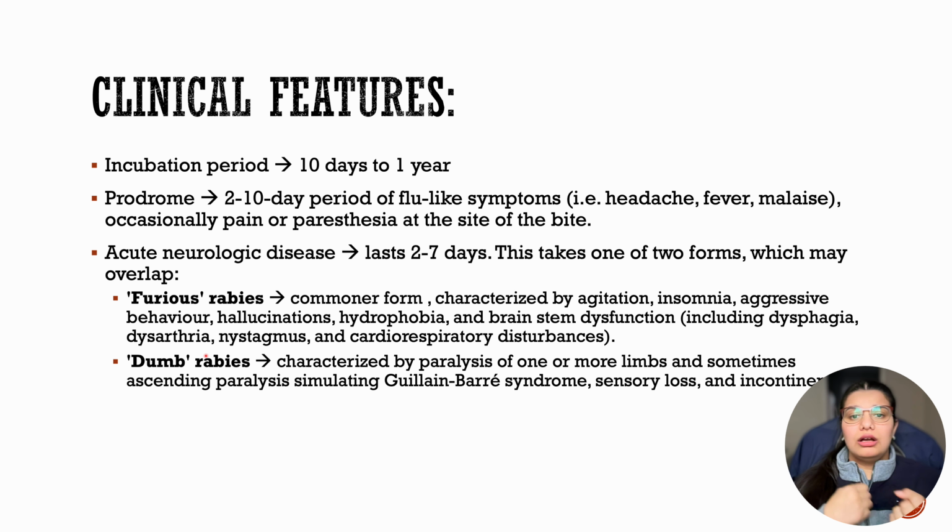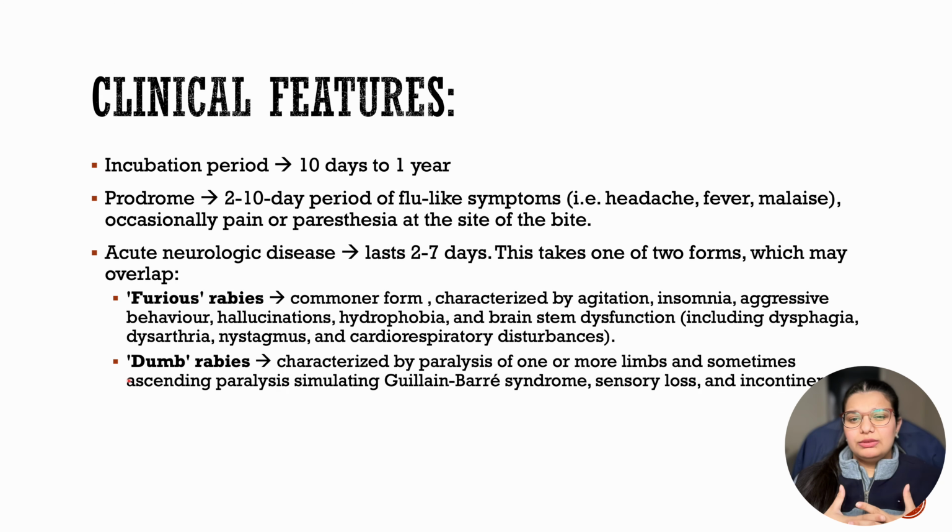Imagine a patient who is furious: agitated, can't sleep, has insomnia, aggressive behavior, hallucinations, hydrophobia, and brainstem dysfunction, which can present in various findings like dysphagia, dysarthria, nystagmus, even cardiorespiratory disturbances. Dumb rabies is the other presentation, and these two forms can even overlap in a patient.